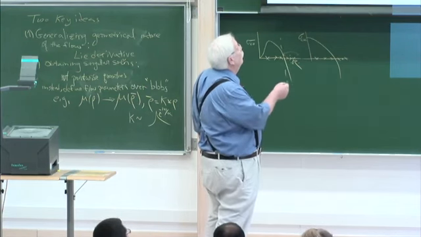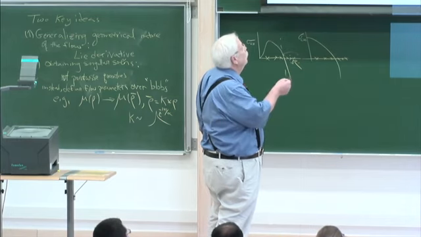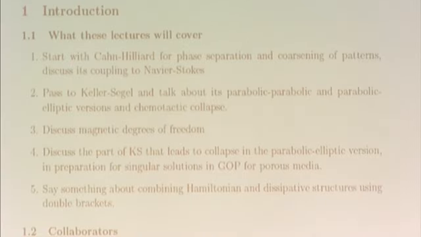Then we'll introduce magnetic degrees of freedom and talk about how this type of gradient flow generalizes for them. And we'll discuss the part of the Keller-Segel model that leads to the collapse, and that will be our preparation for the singular solutions in a geometrical order parameter theory, GOP, for porous media and other more general media. At the very end, I might say a little something about combining Hamiltonian and dissipative structures using double brackets.